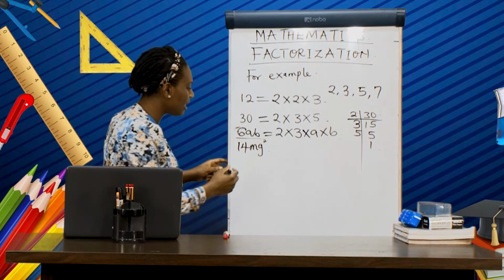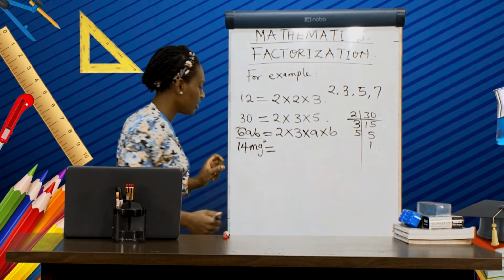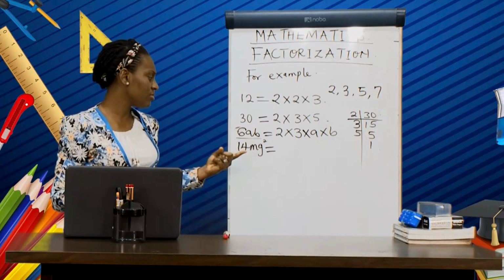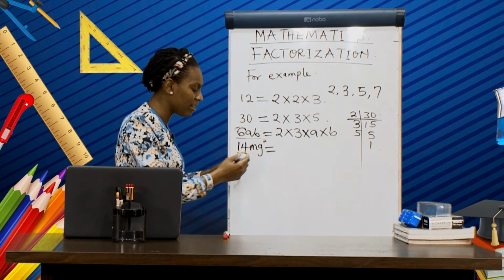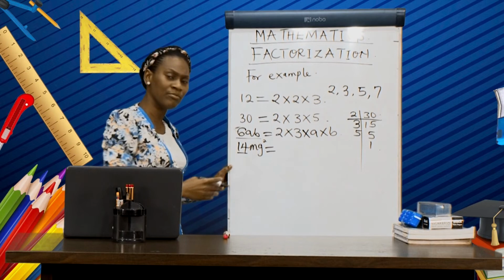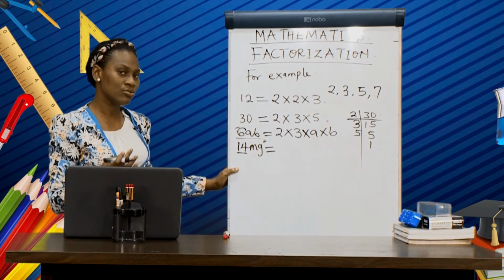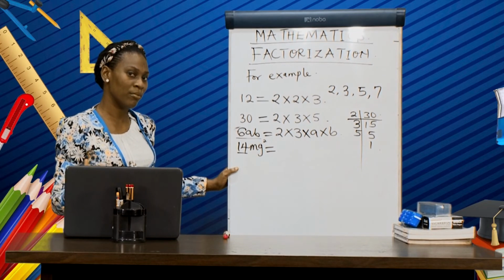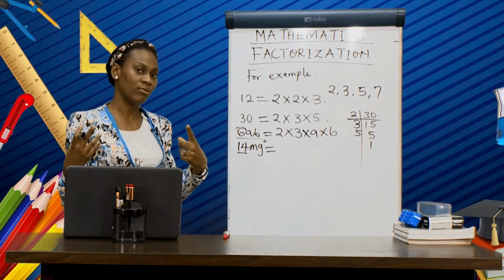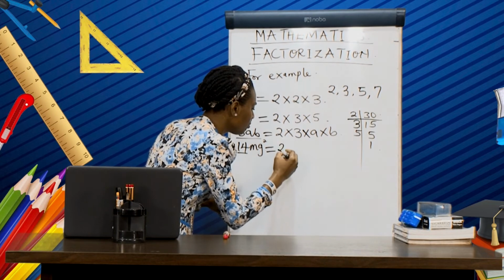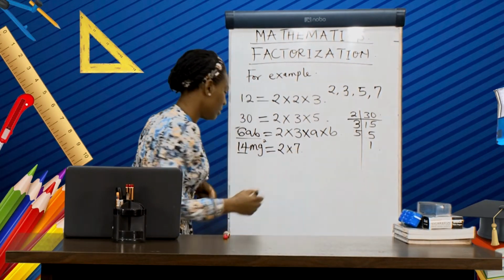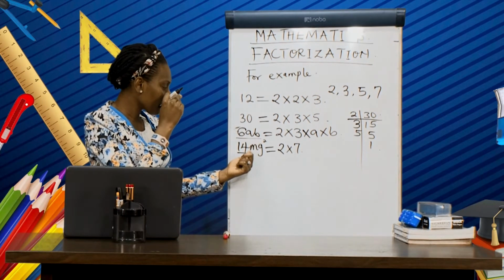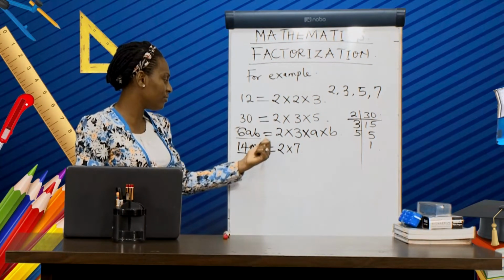Good. All right, the last one that we have here is 14mg squared. We use the same approach. You break down the number first, and 14 can be broken down into 2 times 7. You can see that 2 is a prime number and 7 is also a prime number. Then we have the letter part, which is m and g squared.